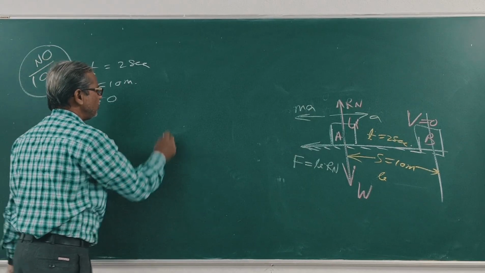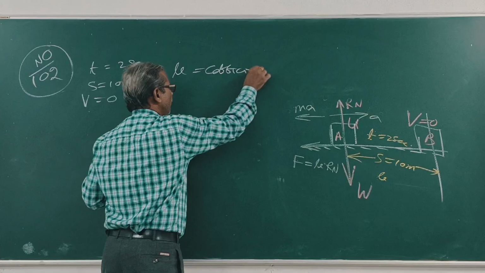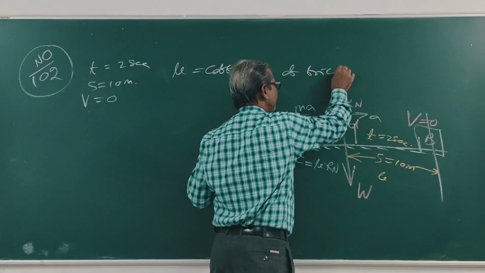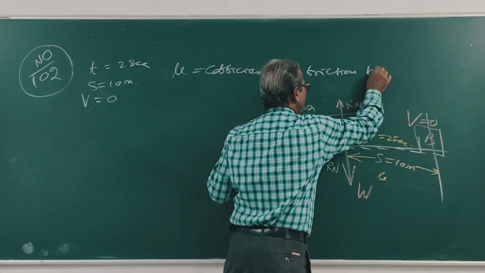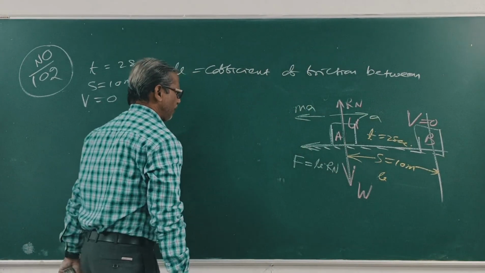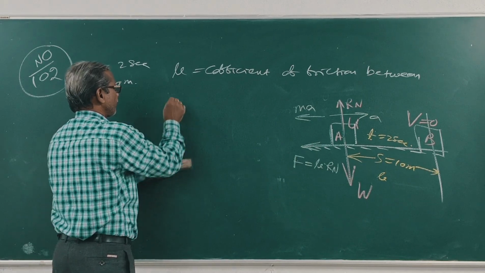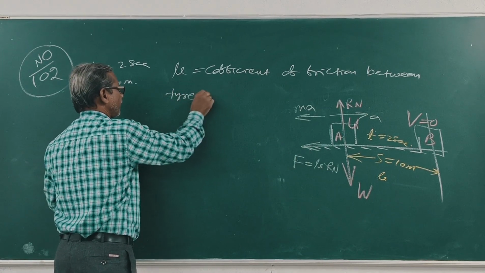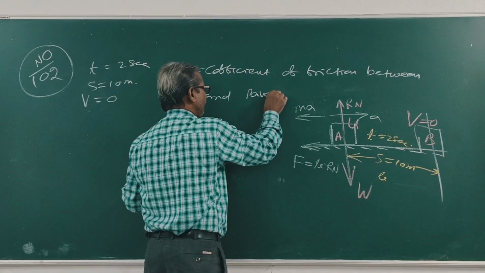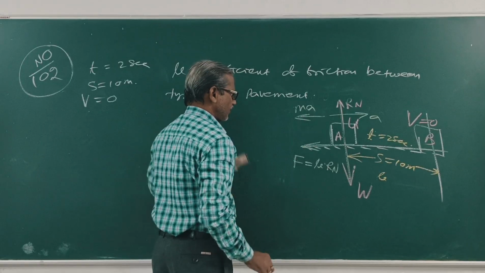Mu is equal to the coefficient of friction between the tire and pavement. Right?